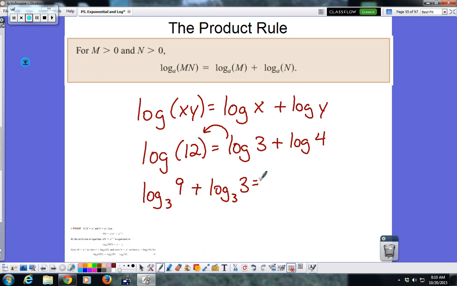To add two logarithms, first off, you have to have the same base. And again, it goes along with x squared times x to the third. To multiply these two things, you add the exponents because they have the same base. It's connected with this rule of logarithms. To add two logarithms together, you multiply.